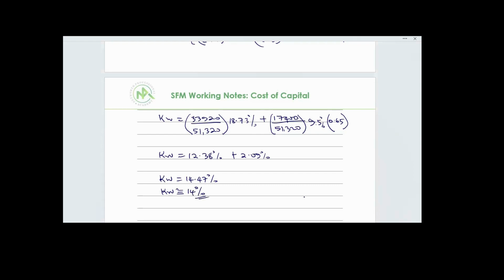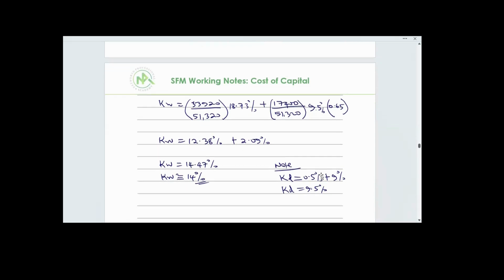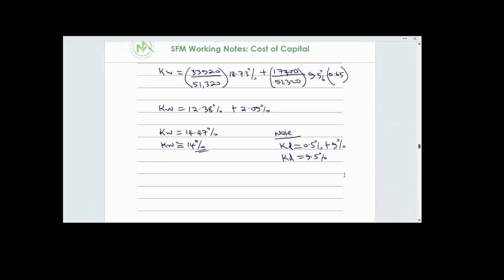That's that. Notes: KD equals 0.5% plus 9%, equals 9.5%. So that when you're on your own, you don't struggle with how we got 9.5. I just showed you now.